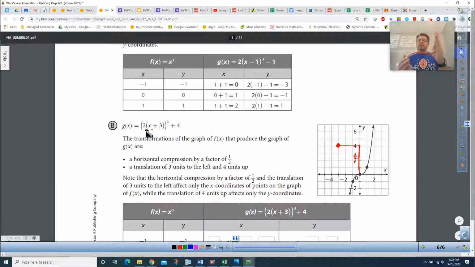That means the run would be bigger, right? So this is 2. So this one should be getting skinnier, right? Thinner. So how can I make this guy skinnier by doing horizontal things? A horizontal compression would make it skinnier. Okay? Make it skinnier. So this guy should look up here. Kind of deal.